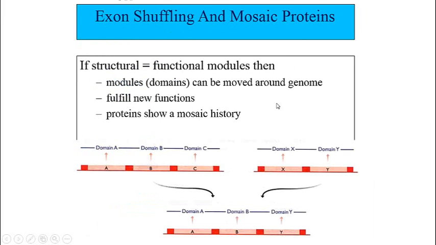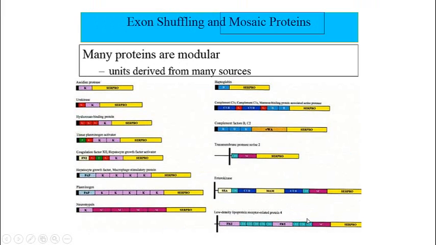And here we see the exon shuffling. So you can make different proteins. You can make kind of mosaic proteins, because you can combine A, B, or C, A, B, and X, A, B, and Y, different combinations.